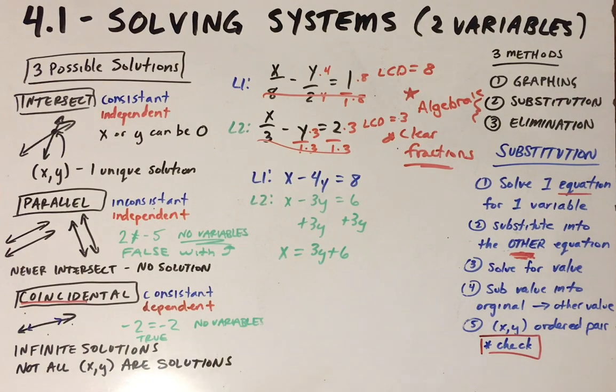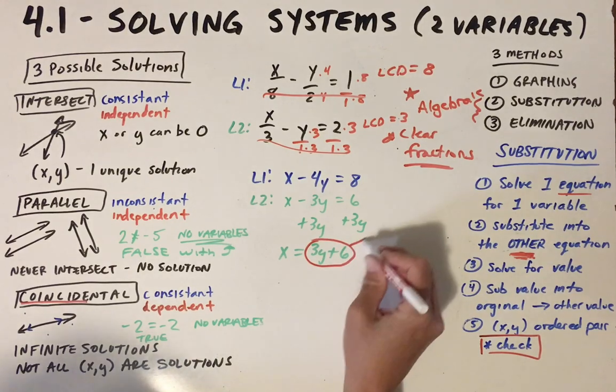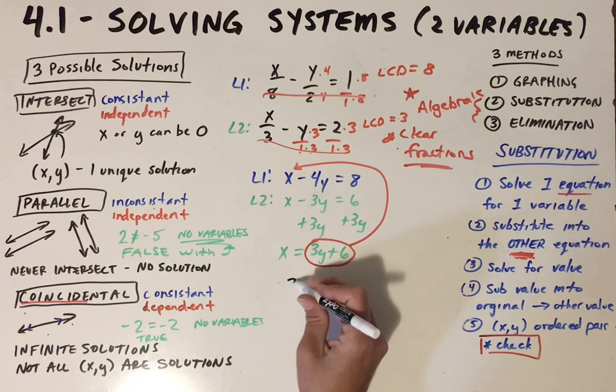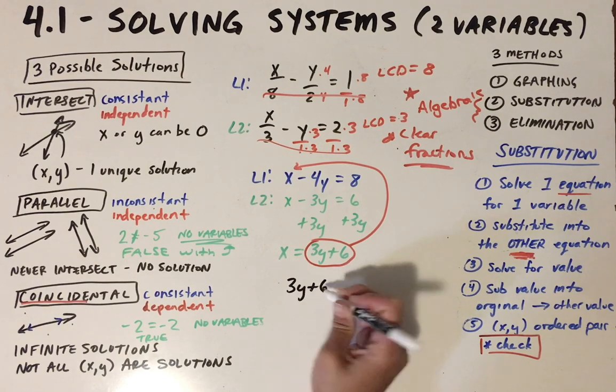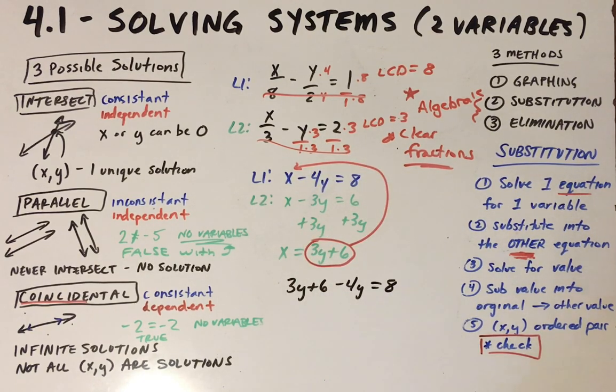If this is the value for x, I'm going to plug it into the other equation. So I solved line 2 for x, so I'm going to plug that into line 1. When I plug that into line 1, I get 3y plus 6 minus 4y is equal to 8.